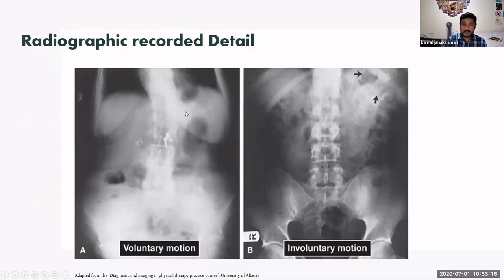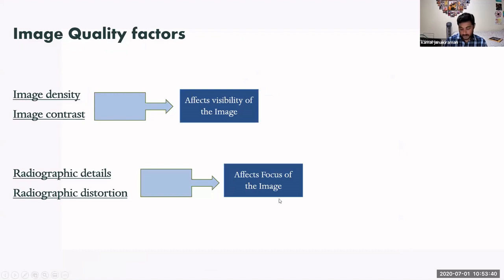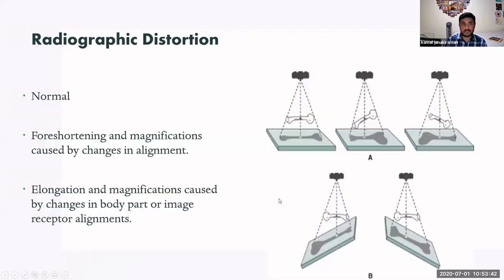Here you can see when the X-ray was taken, somebody voluntarily moved, that results in a distorted image. The image is not clear. And involuntary motion, like movement of the heart, can cause a little bit of distortion too. So this is called the radiographic recorded detail, which can affect the focus of the image.